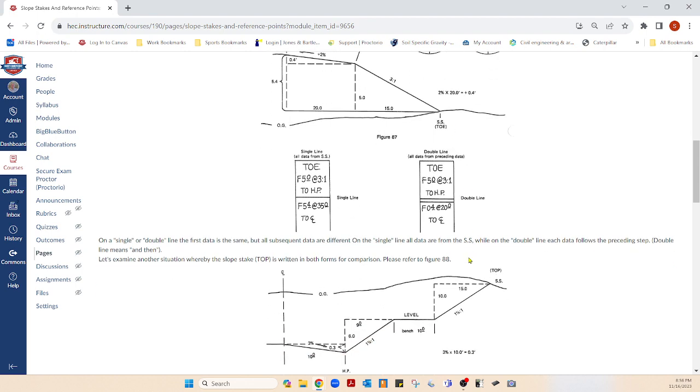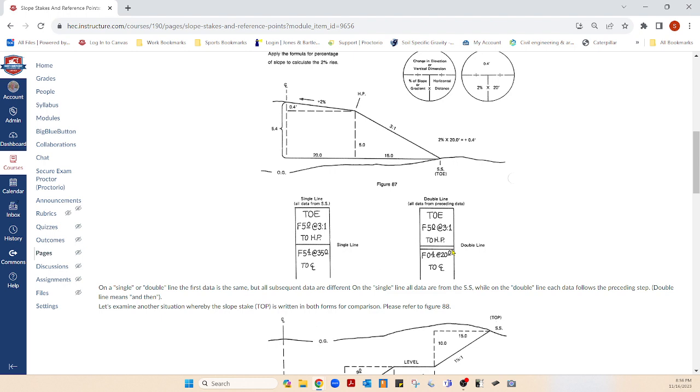So with the double line, it would continue with another double line here because we are right here at the hinge point, and then we're going to fill 4, that's supposed to be 4/10. We're going to fill 4/10 at 20 feet.